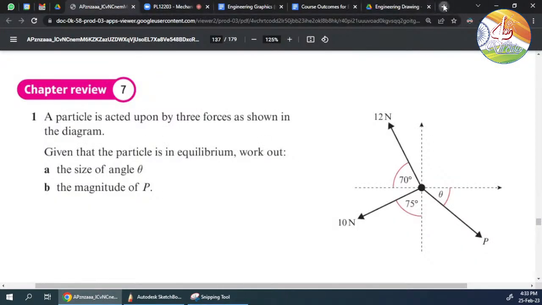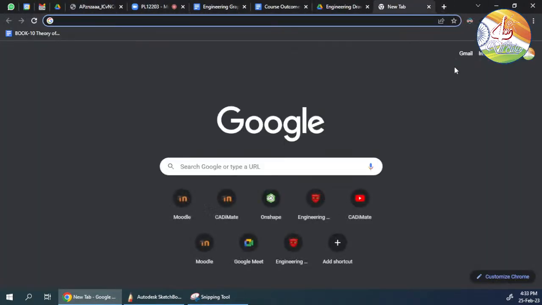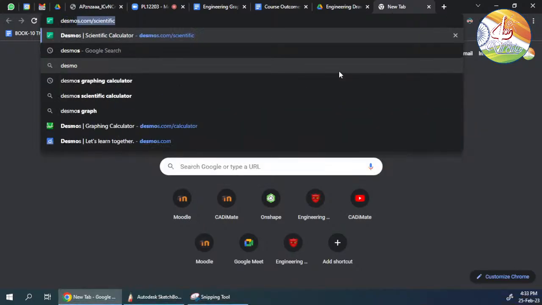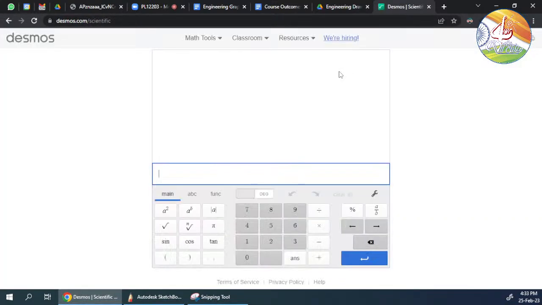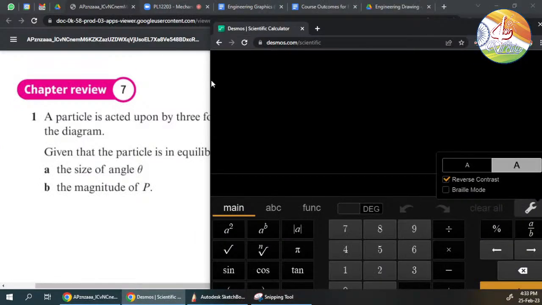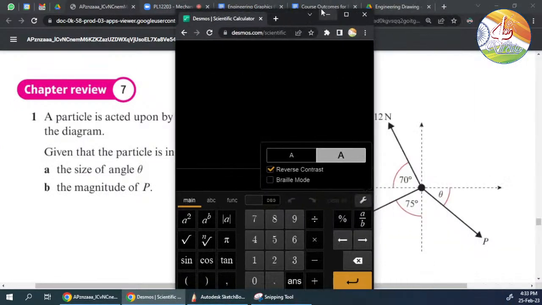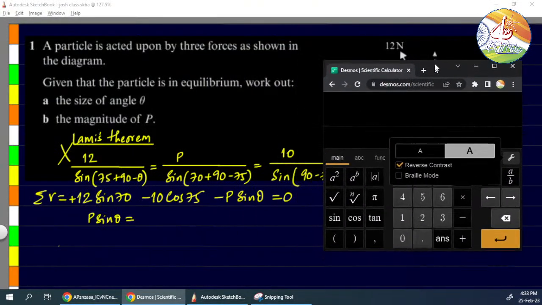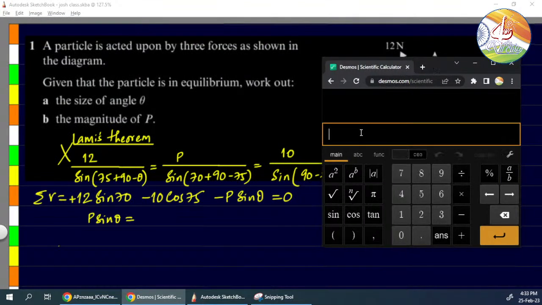Let's take the calculator. So solve this out.